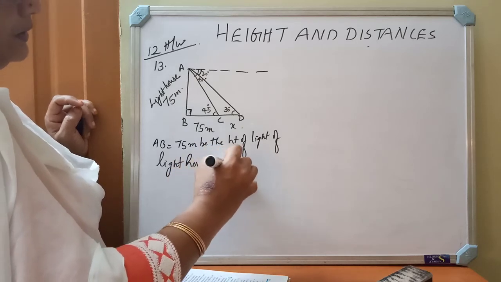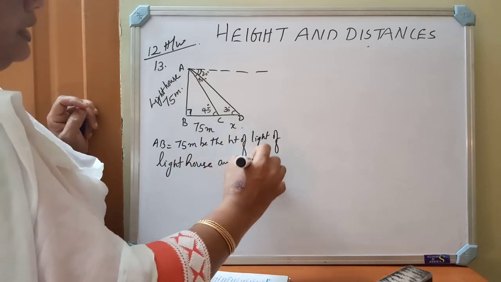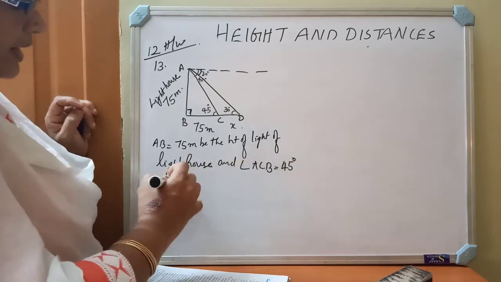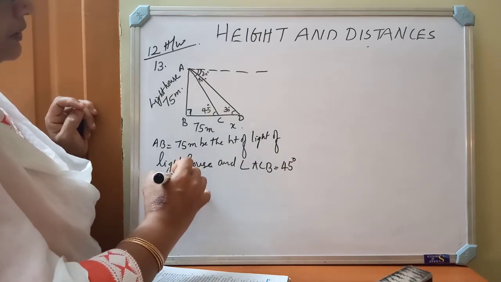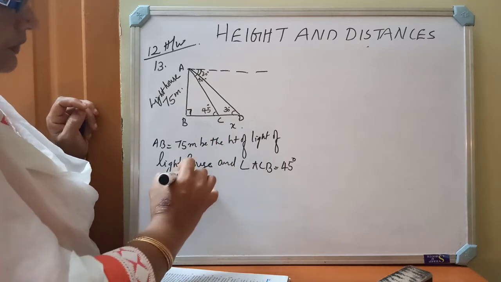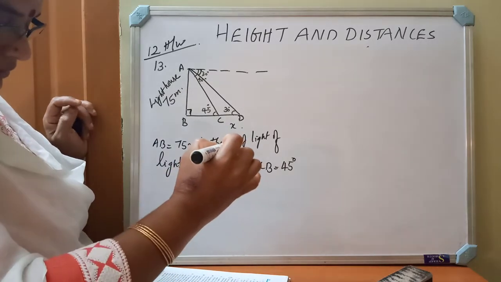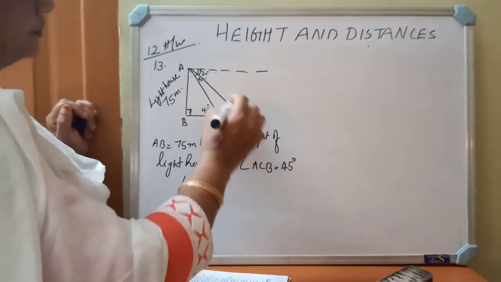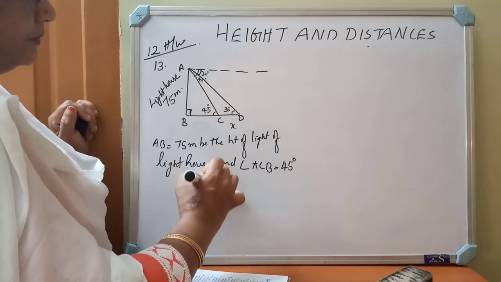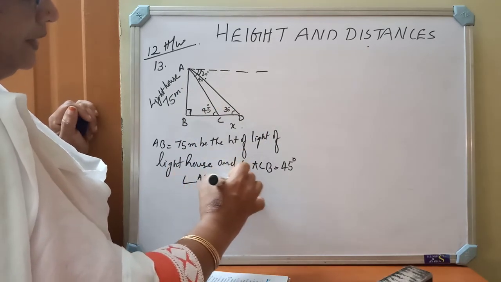And angle ACB equals 45 degrees and angle ADB equals 30 degrees.